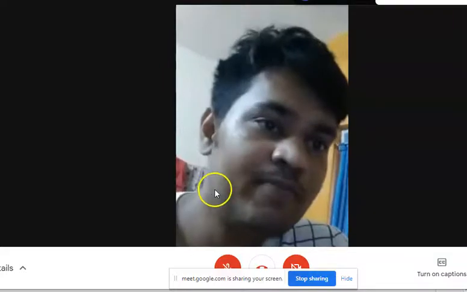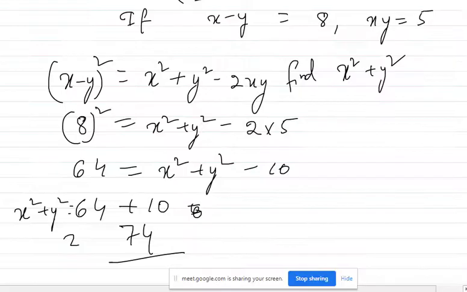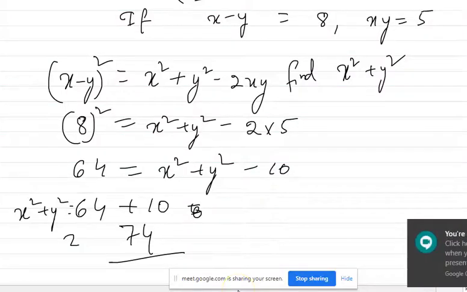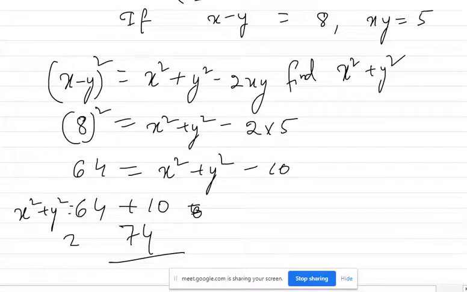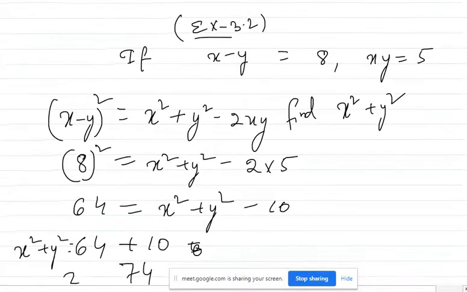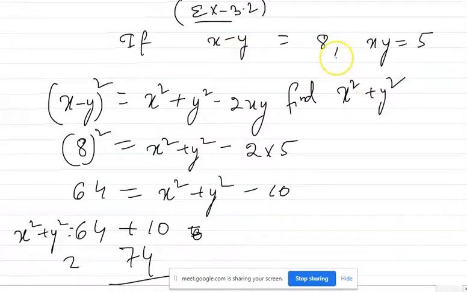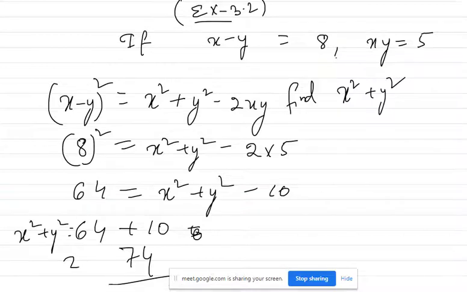Okay, we will move back to the screen. Any doubt, tell me. Should I say the question again? I am saying again, listen carefully. X minus y is equal to 8, xy is equal to 5, then I took x minus y whole square, the formula is a square plus b square minus 2ab.